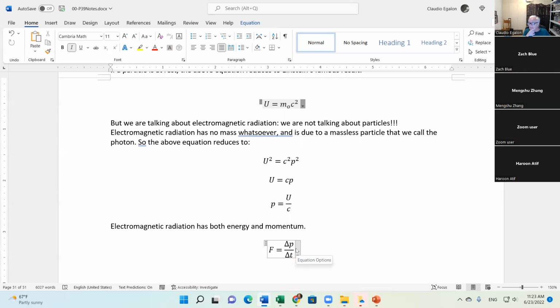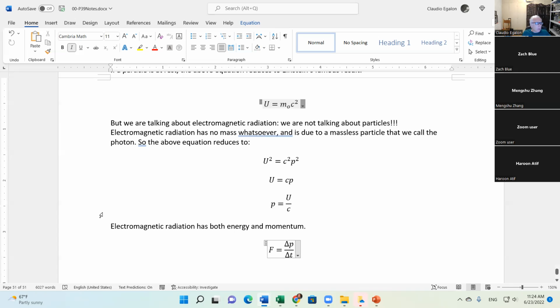And by the way, this is a very hot topic of research. Lately, people have been using light beams to move particles around. It's what we call electromagnetic tweezers, light tweezers, photon tweezers. It's possible to move particles around using a light beam.